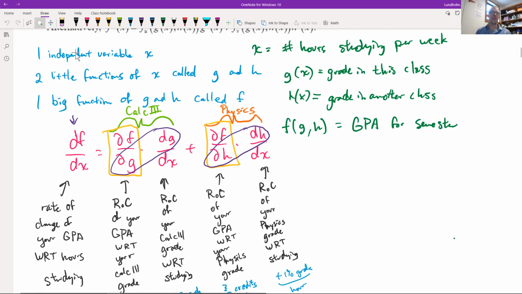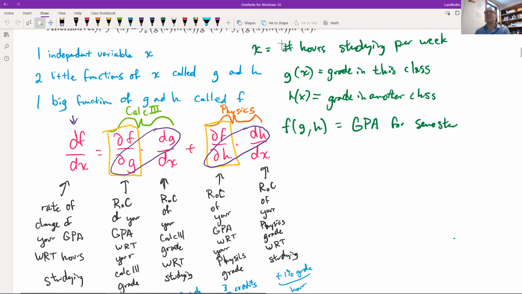So the way that I want you to view this is that we have one independent variable, X, which is the number of hours that you study per week. We're going to have two little functions of X called G and H, and those are more about your grade in Calculus 3 or your grade in Physics.